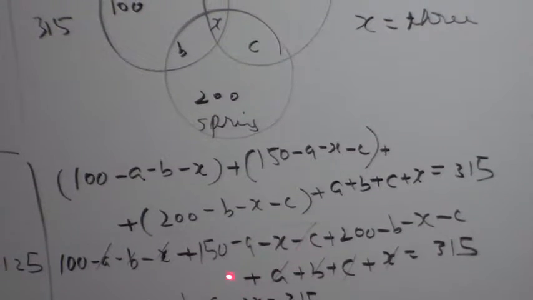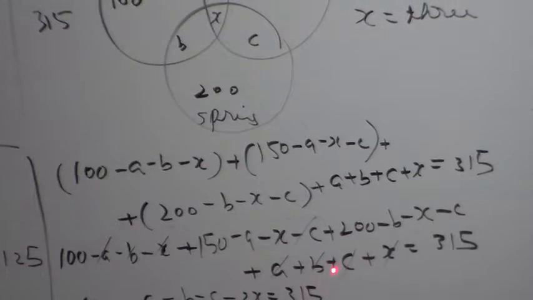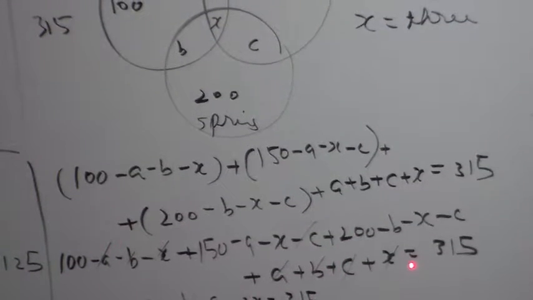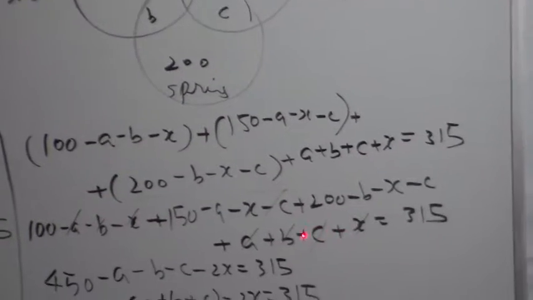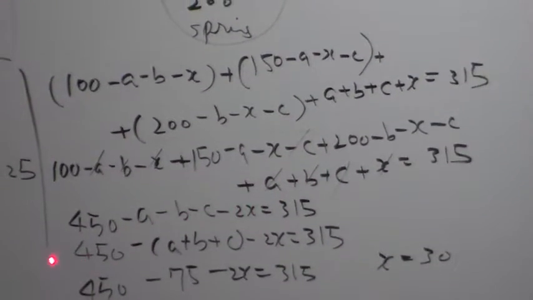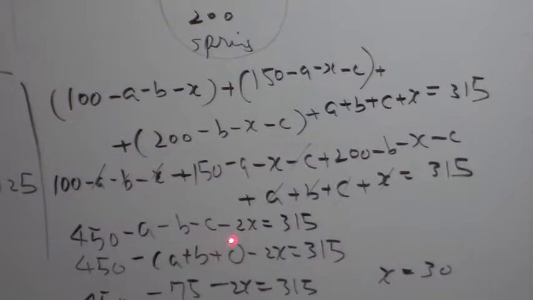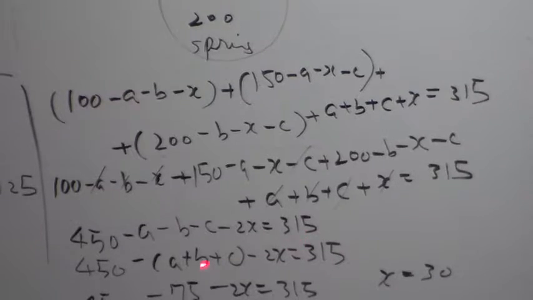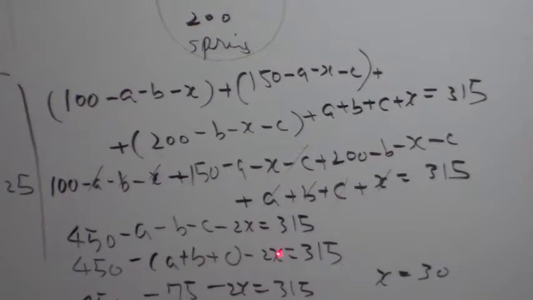So this b cancels out right there, x cancels out, and the c cancels out. So that is 450 minus a minus b minus c minus 2x is 315. Then we put them together: 450 minus (a plus b plus c) minus 2x is 315, right?